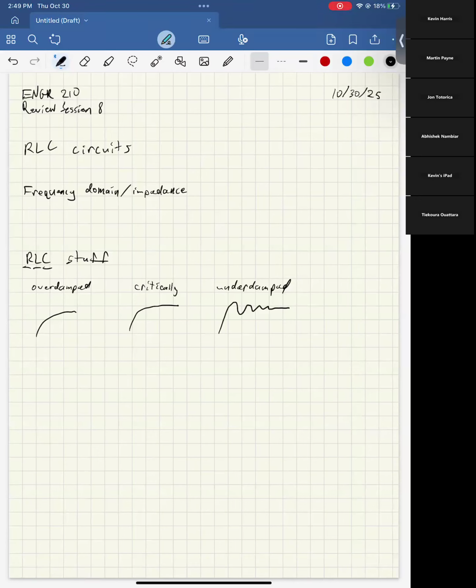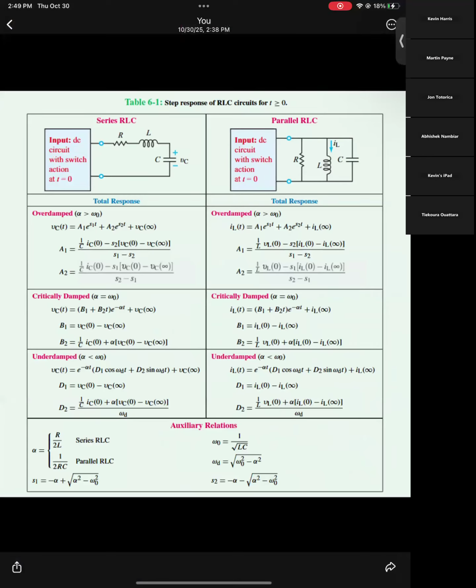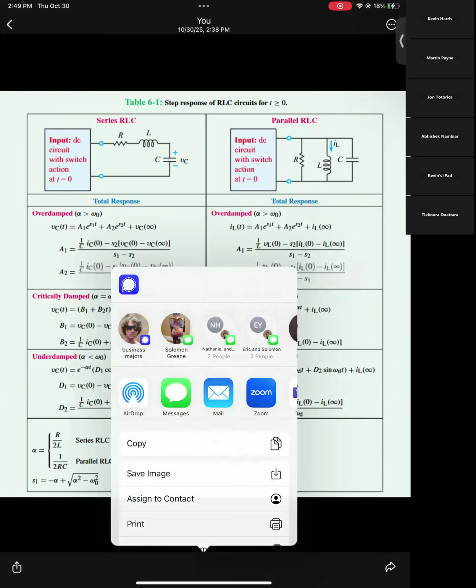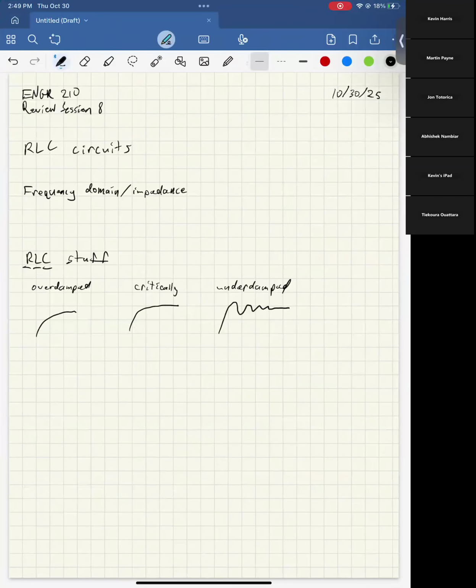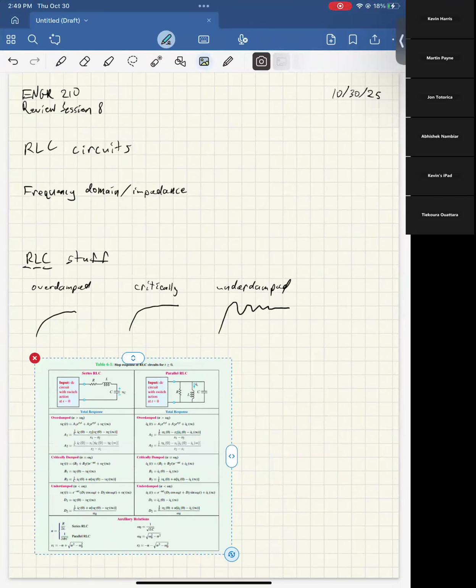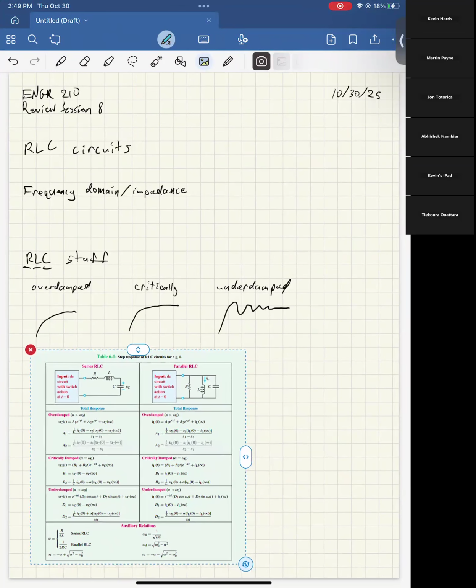And basically, the table that was given to you, which I can pull up right here. Oh God. Okay, there we are. This table here, as you can see, is basically where they took the differential equations that describe the inductors and capacitors and solved them for you.